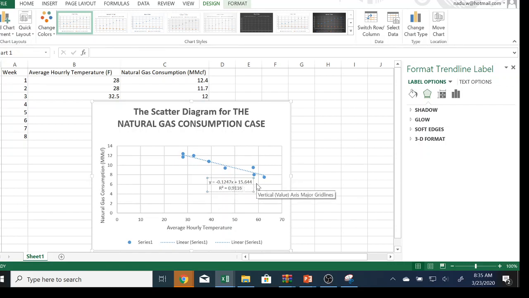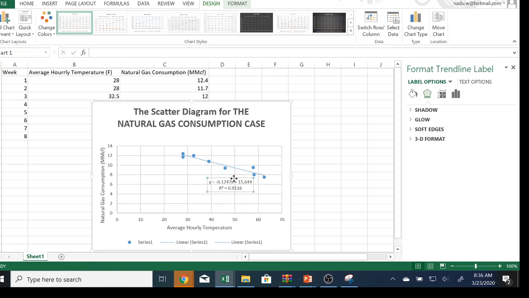That simply means that when the x is 0, still there is a natural gas consumption of 15.644. So what is meant by 15.644 is that when x is 0, that means when the average hourly temperature is 0, still there is a gas consumption of 15.644. And what is meant by minus 0.124?